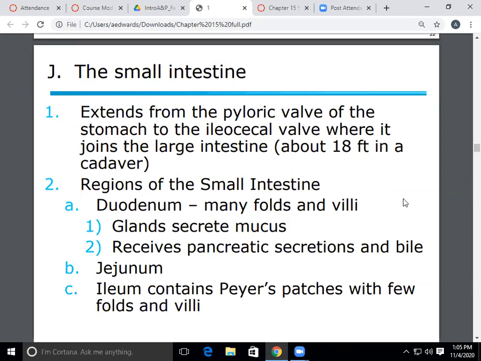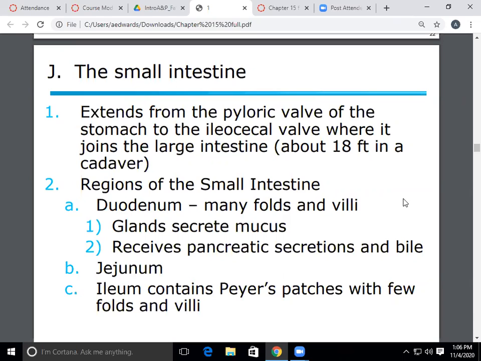All right, regions of your small intestine. You have the duodenum, the jejunum, and the ileum. The duodenum has lots of folds and lots of villi. As we'll learn, those villi are helpful for increasing surface area for absorption of your food. The glands in the duodenum secrete mucus, which helps preserve the lining.